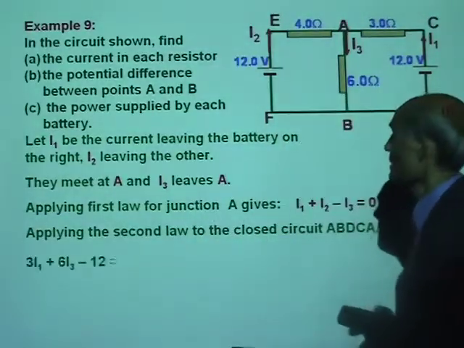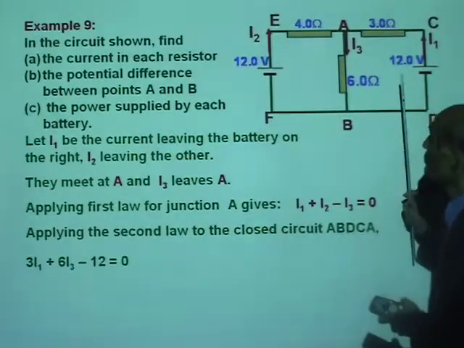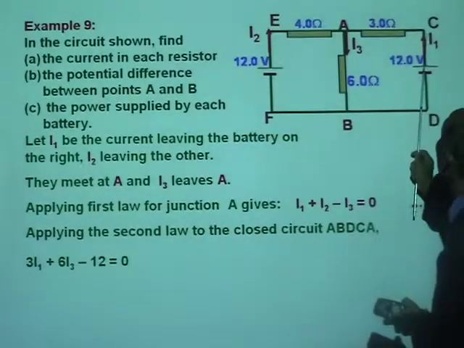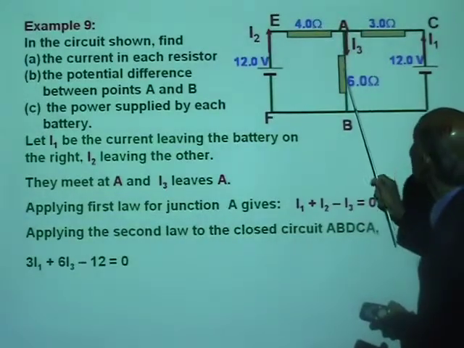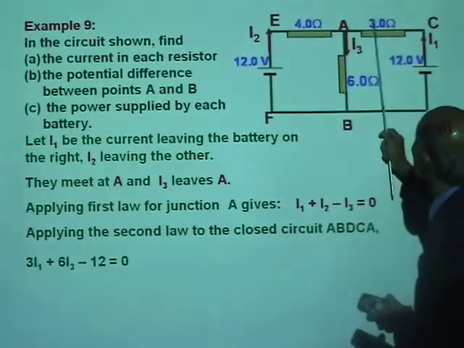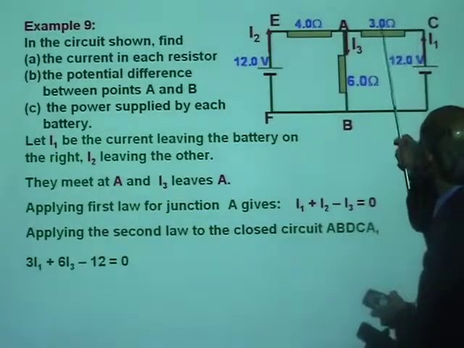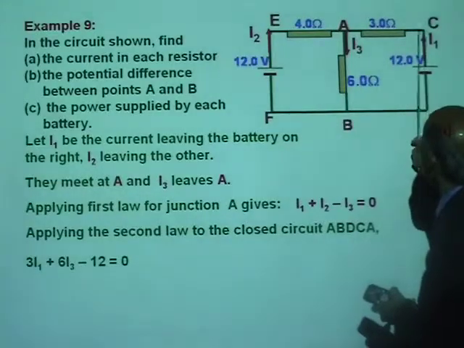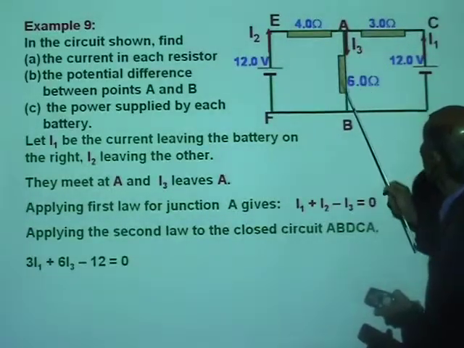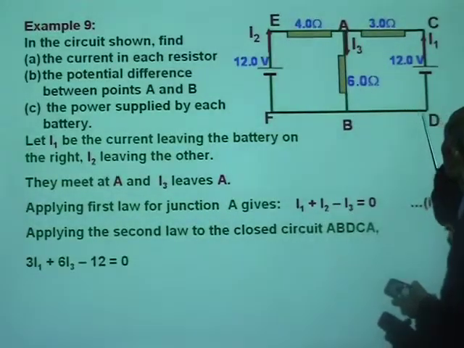C, A. So, it will be therefore 3I1, the current in the 3 ohm is 3I1, plus 6I3. Potential drop across the 3 ohm is 3I1, potential drop across the 6 ohm is 6I3, plus the potential drop across the cell.